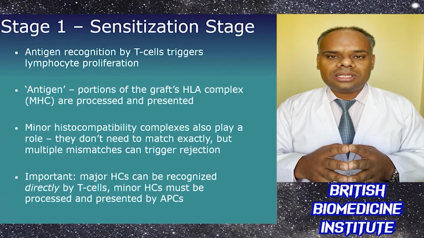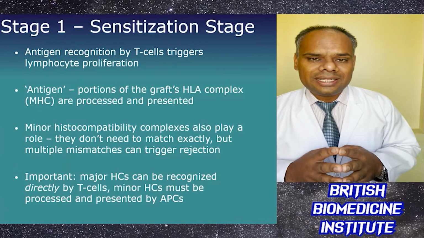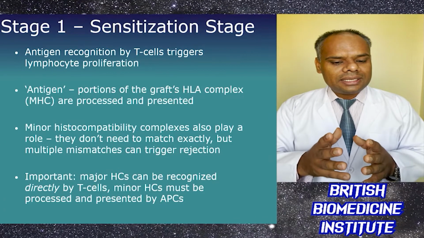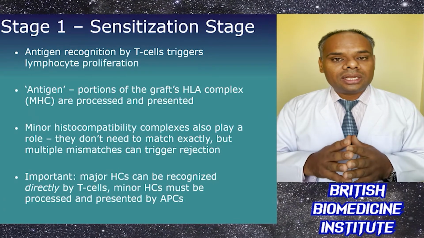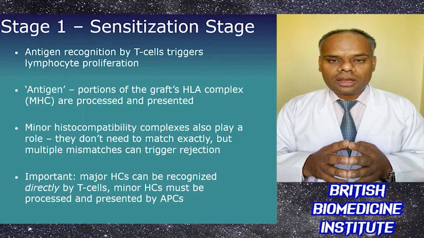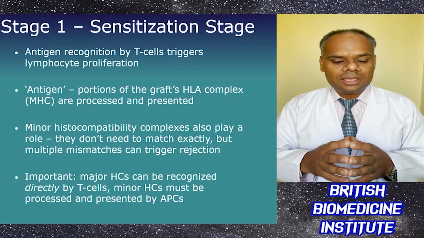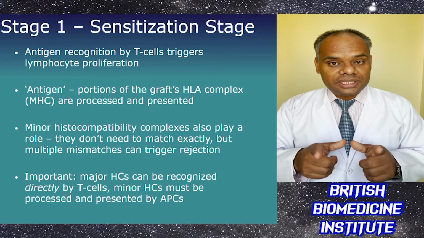In stage 1, also known as the sensitization stage, antigen recognized by the T cells triggers lymphocyte proliferation. The antigens, the portion of the graft HLA complex or MHC, major histocompatibility complex, are processed and presented.